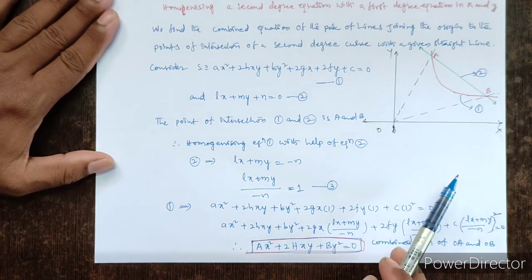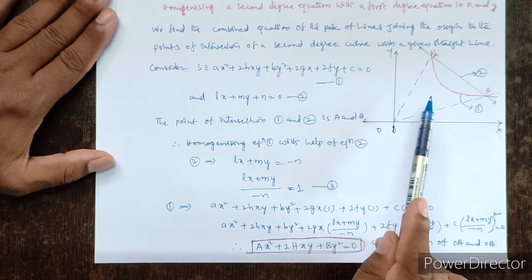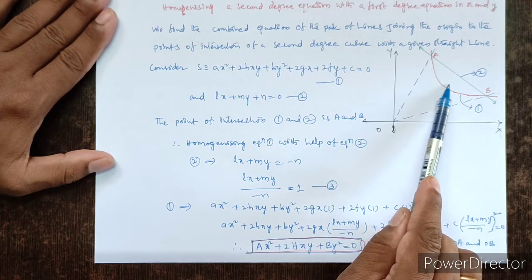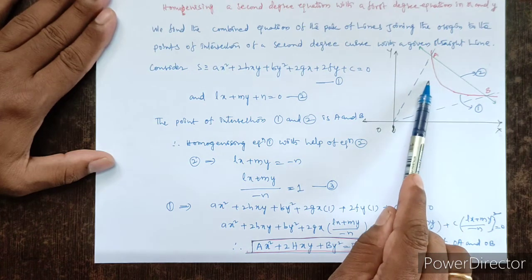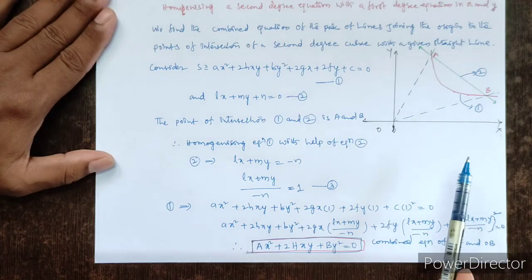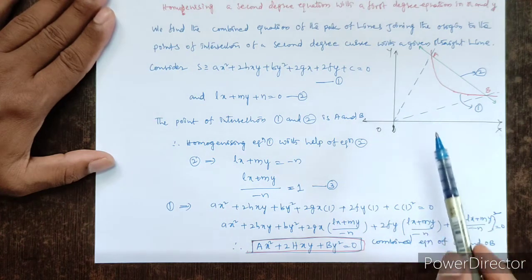So what we have done here: the non-homogeneous equation, that is the curve, we are homogenizing with the help of a first degree equation. Then it will become a homogeneous equation. That homogeneous equation represents pairs of lines passing through the origin.